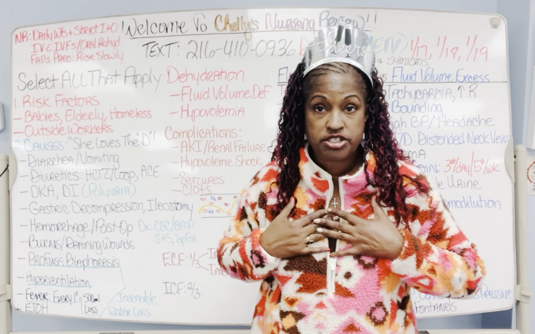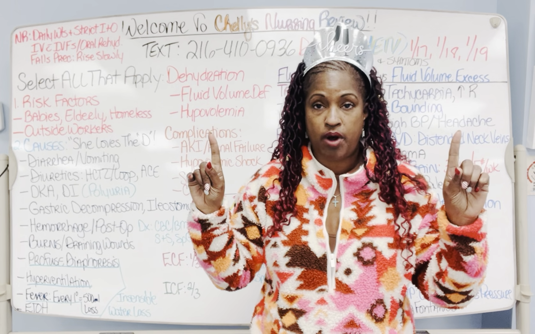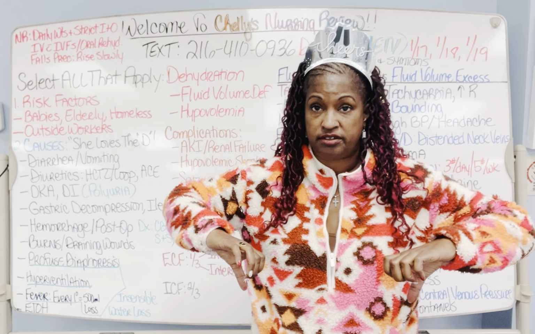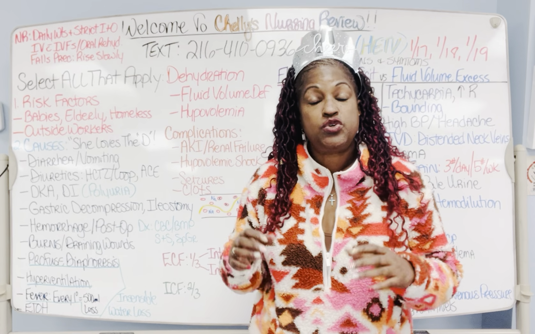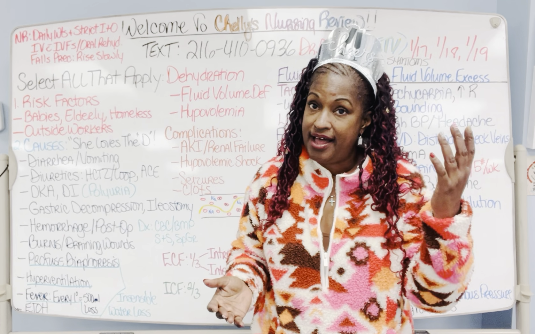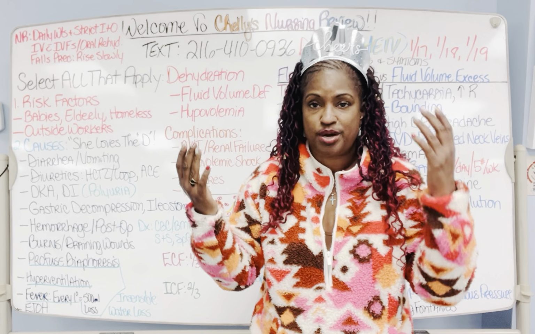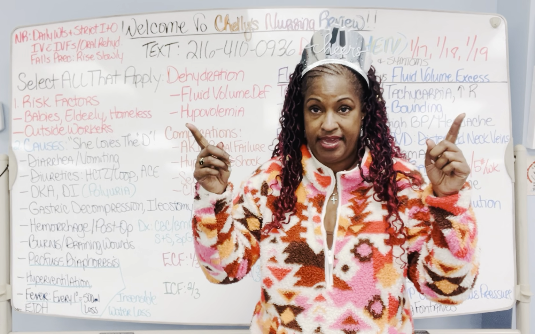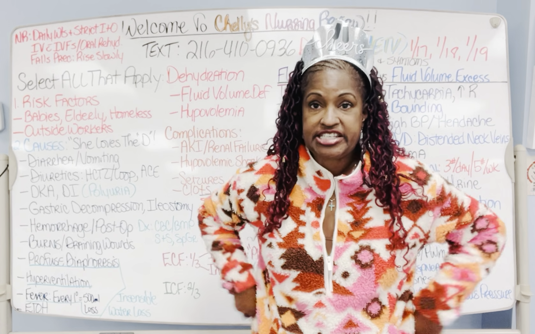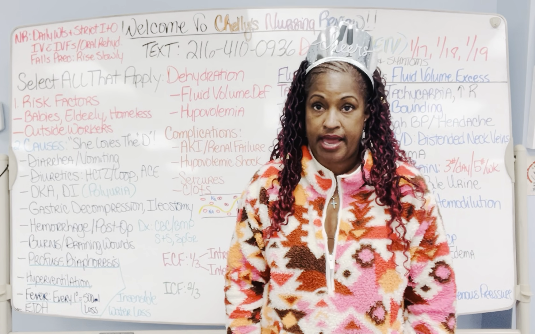If there's too much volume, the blood pressure is going to go up. If there's no volume, the blood pressure is going to go down. Because when you talk about blood pressure, it requires blood perfusing. So blood pressure, BP, means blood perfusing kidneys and all the rest of the organs in your body.